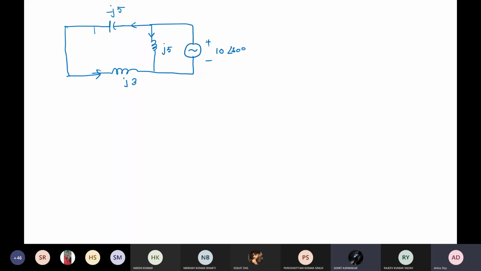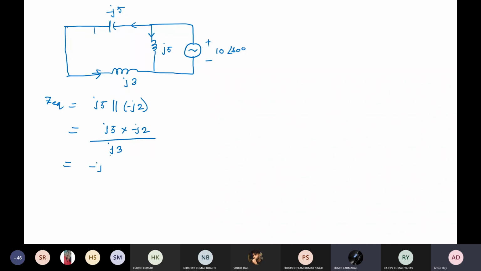So when we take this, what is your Z equivalent? It is j5 parallel to minus j2, isn't it? This is minus j2, this is j5. So j5 into minus j2, plus j3, isn't it? So this j will cancel out, so you are left with minus j.